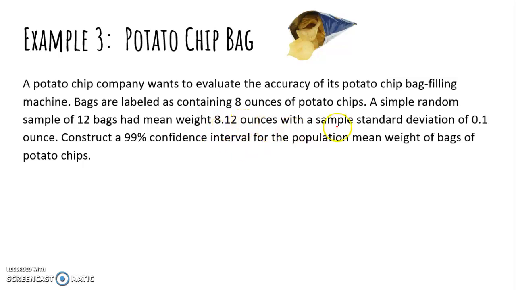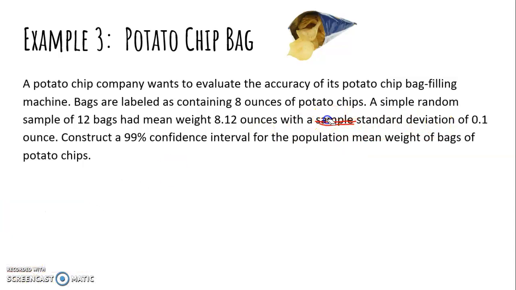Because we know the sample standard deviation, and even if they didn't use the word sample here, you can still tell that it's a sample standard deviation. Look at the full sentence without that word. A simple random sample of 12 bags had a mean weight of 8.12 ounces with a standard deviation of 0.1 ounce. That means that standard deviation of 0.1 ounce is for this sample of 12 bags, which makes it a sample standard deviation.